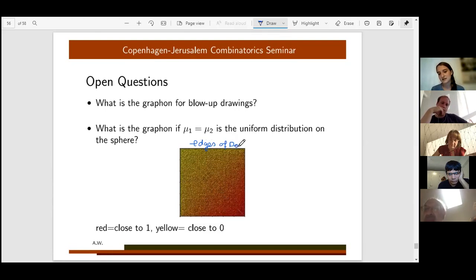Or maybe I should say d infinity. And then 1 means that they likely cross, which is depicted here in red, and 0 means that the edges likely do not cross.